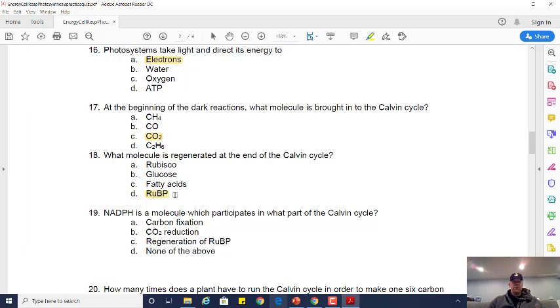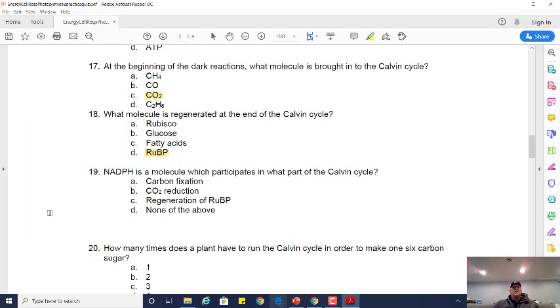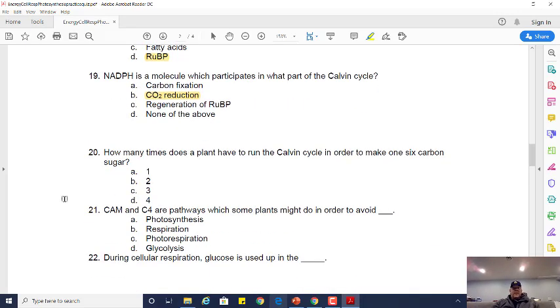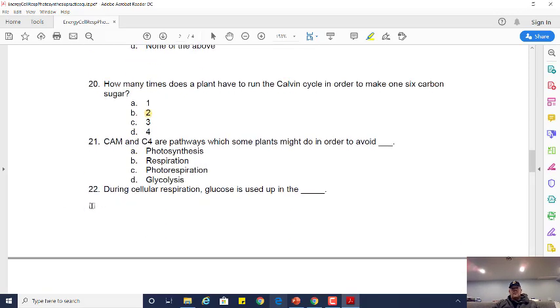That's RuBP. Number 19, NADPH participates in the reduction of CO2. Why is that significant? Well, because NADPH is actually holding on to electrons, so it's going to be a part of a reduction. How many times does the plant have to run the Calvin cycle to do a full-on 6-carbon sugar? That's 2. CAM and C4 avoid photorespiration.